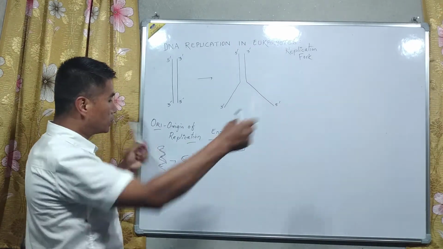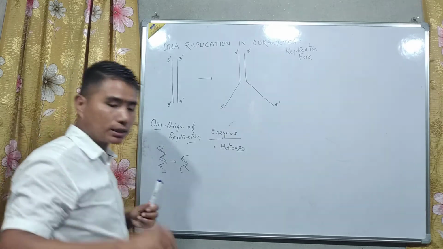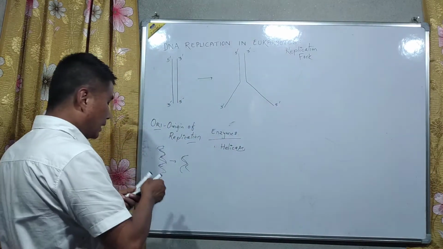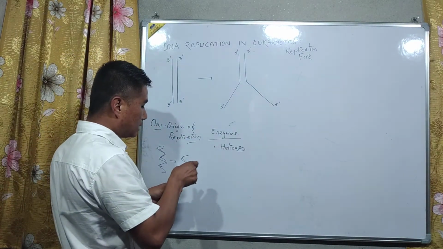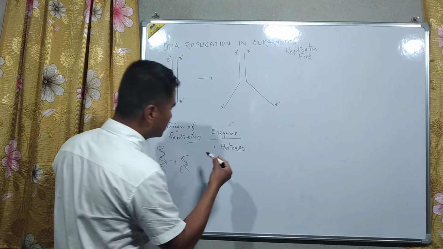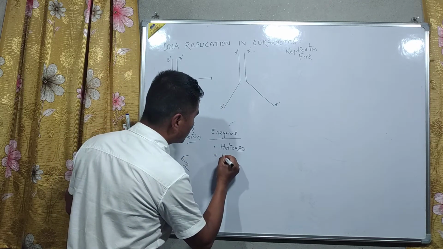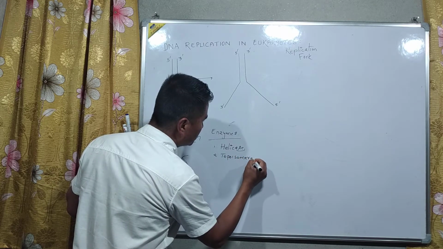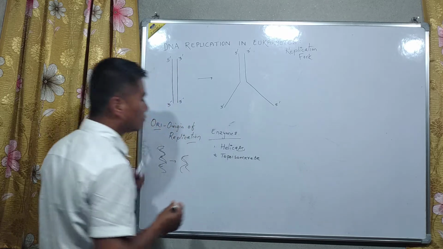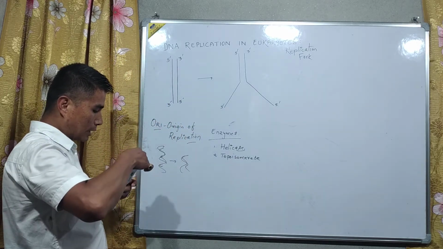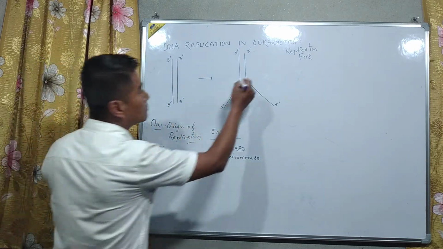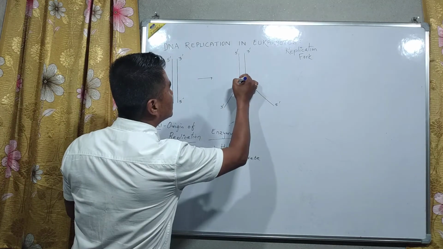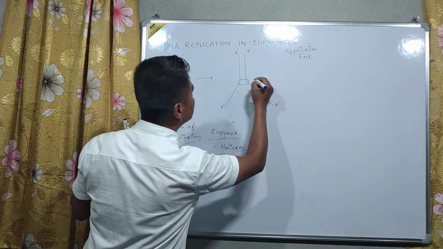To prevent that rewinding, an enzyme is there, and the name of the enzyme is topoisomerase. Please remember the names of these enzymes. Topoisomerase is the enzyme which prevents it. Let me draw the topoisomerase here.